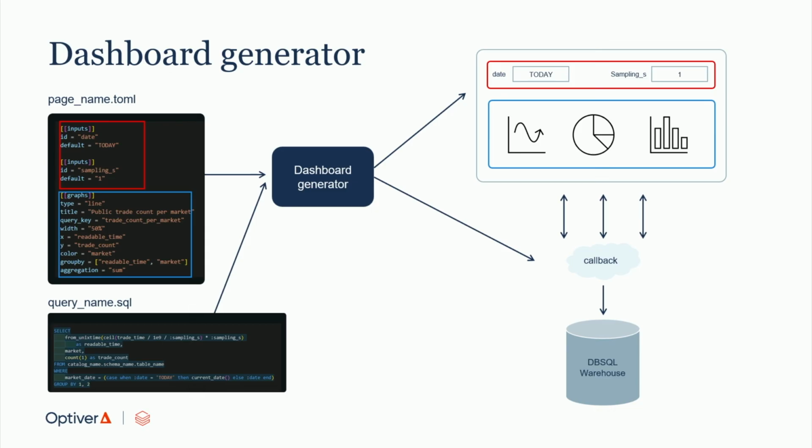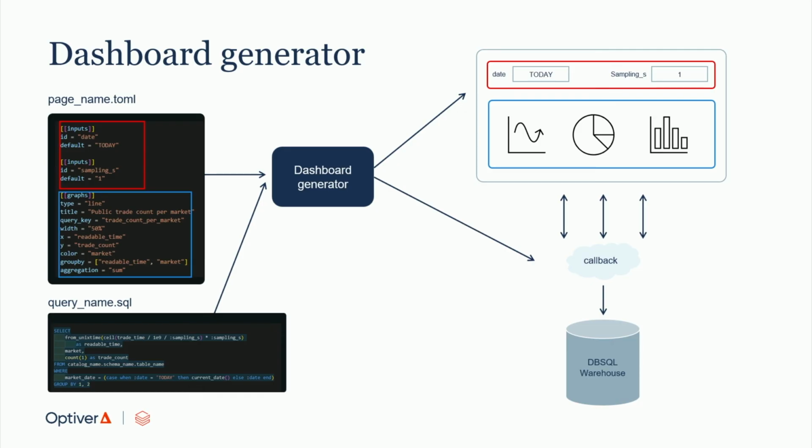To solve this dashboard problem, we built something called a dashboard generator. It's a tool that turns modular config into a fully interactive dashboard. On the left here, we have two components. First is a TOML file that defines the inputs, like dates or sampling rate, and then the definition of the graphs that need to render.